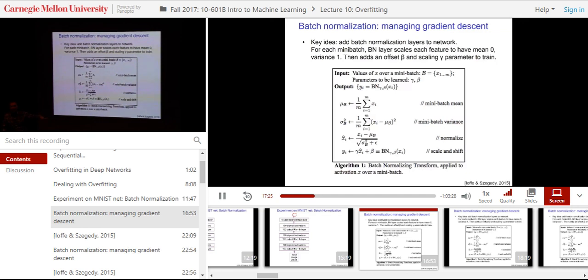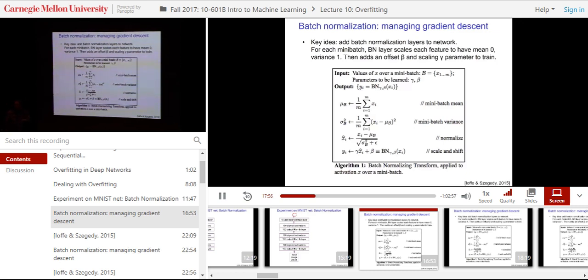We might use a batch of 20 to compute the gradient with respect to those 20, take a gradient step, and then get a new batch of 20. And the key idea here in batch normalization is basically to add new layers to the network whenever we have one of the linear products right before it goes into the activation function.